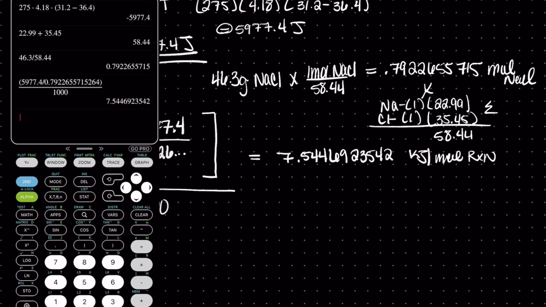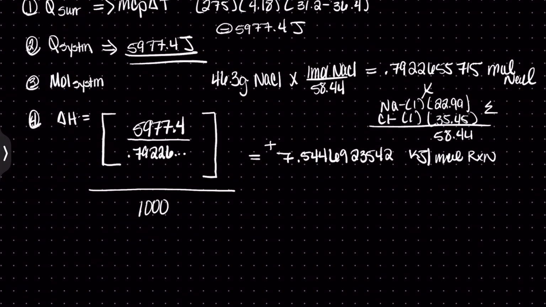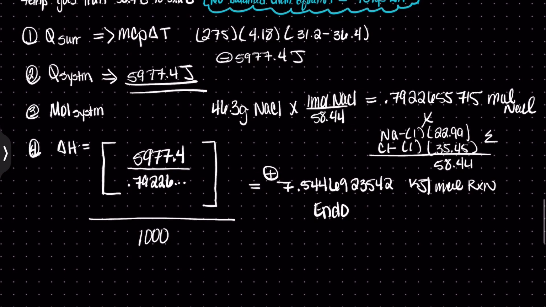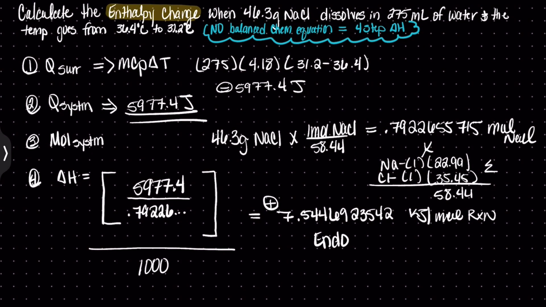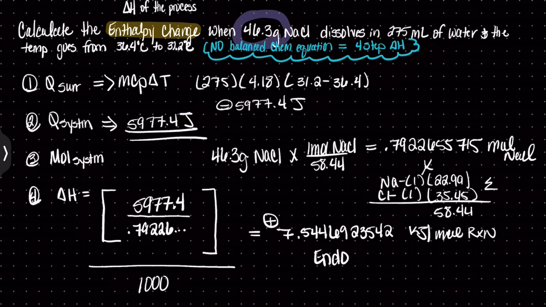I get a positive number, so I know my reaction is endothermic. Now I have to take into account some sig figs. I see 3 sig figs, 3 sig figs, 3 sig figs, 3 sig figs.